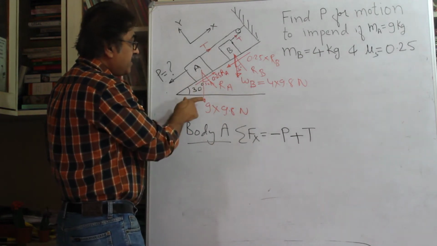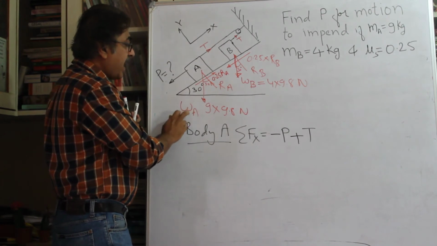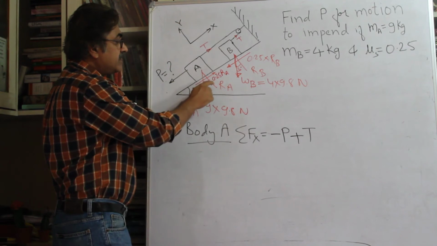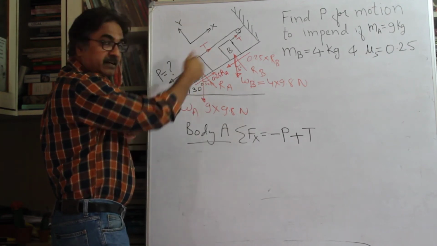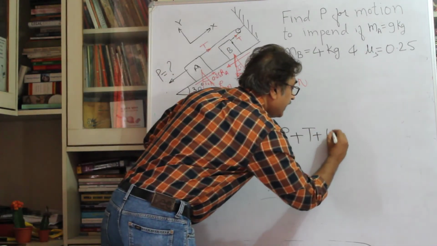Fine. Then we have this weight. When you resolve it, it will be towards left, and it's going to be WA into sine 30, because the angle here is 30, right? So you will have WA sine 30, and it will be acting towards left.